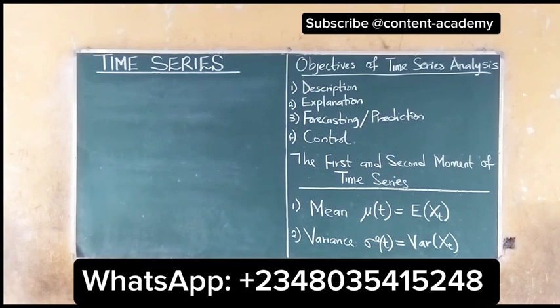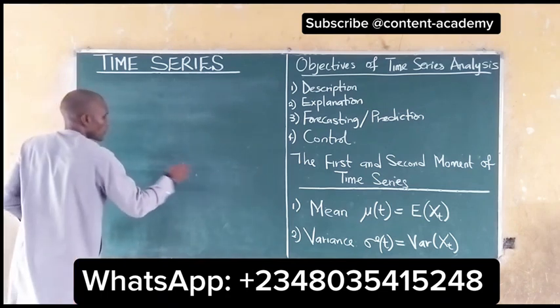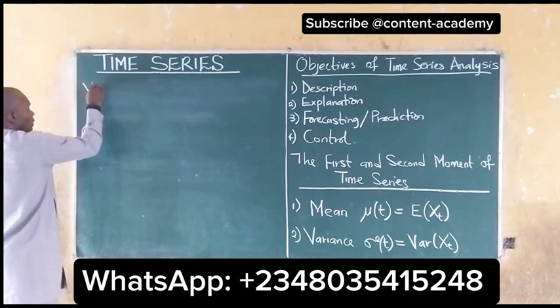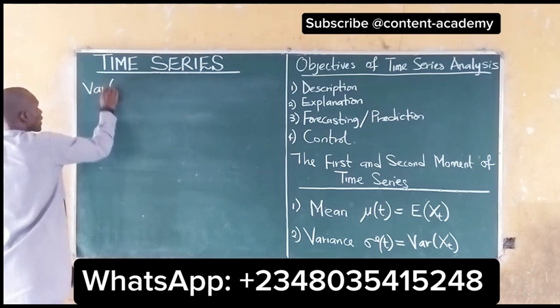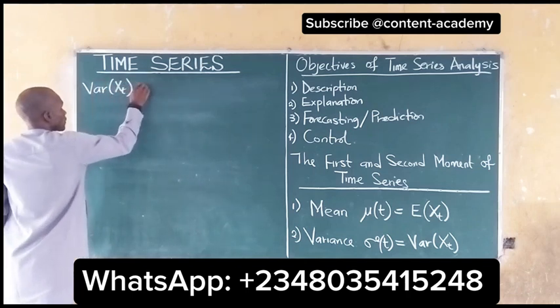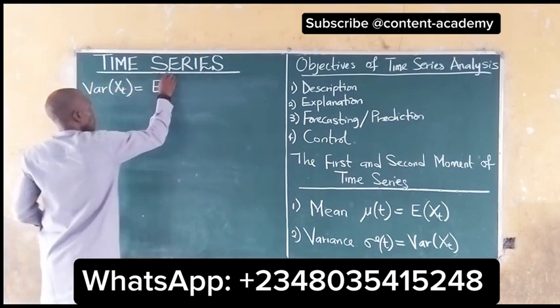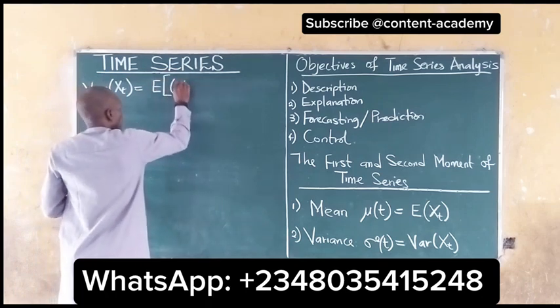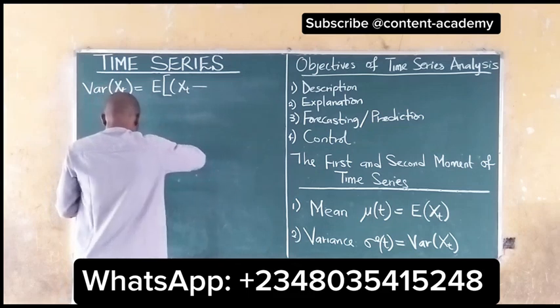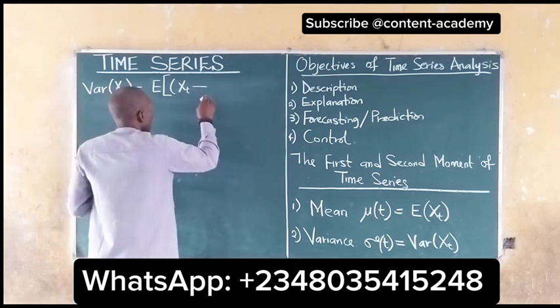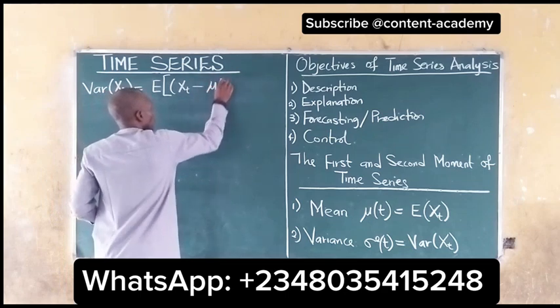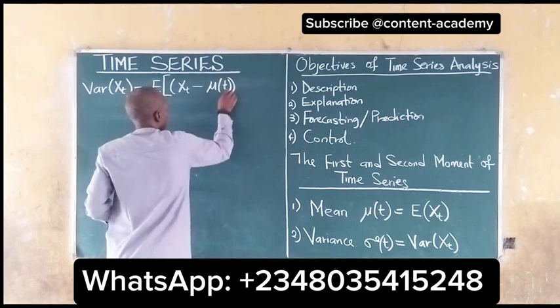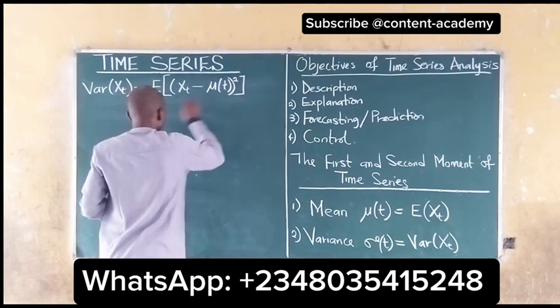So we can now write the variance properly. The variance of xt is equal to the expected value of xt minus mu t, all squared.